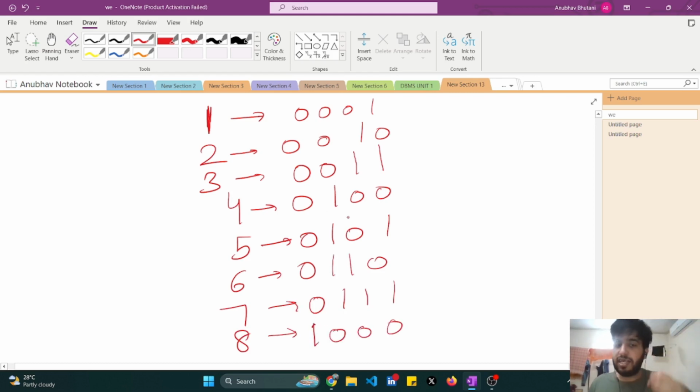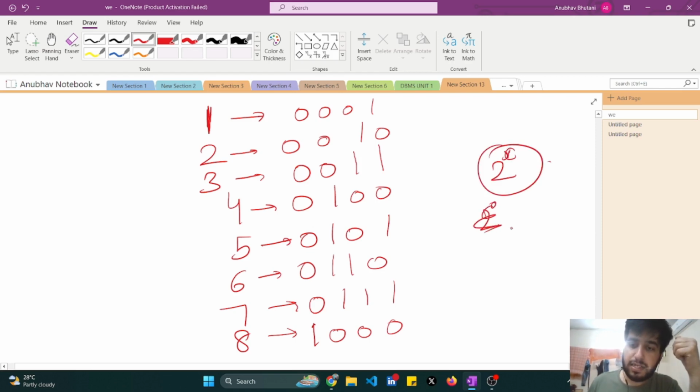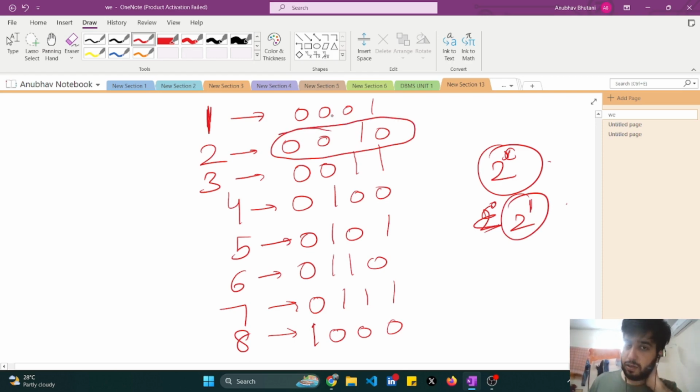So if you carefully observe the powers of 2, suppose I put 2 raised to power 1. At this position, if I do the AND with the number preceding it, I would get 0 at all the positions.